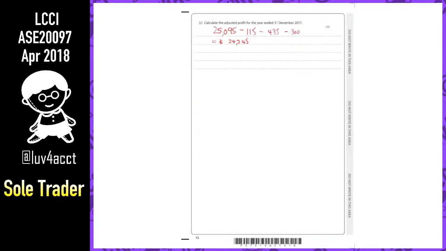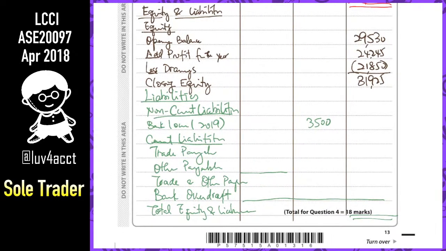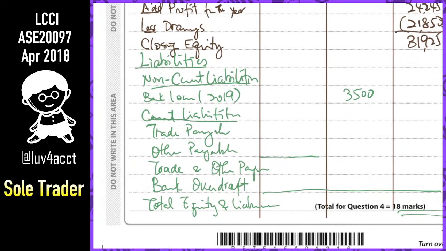Okay, trade payables would be 27230, and then other payables at 300, 1580. Trade payables 27230, 1580, 28810.